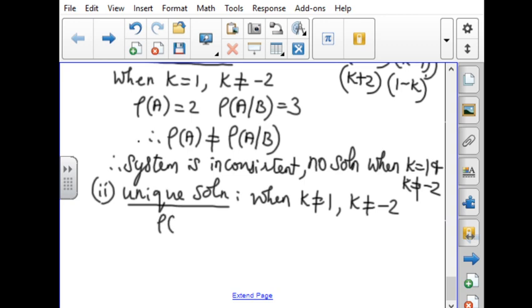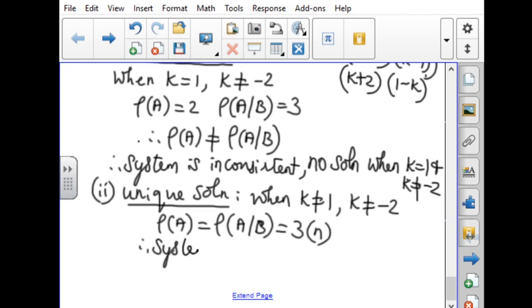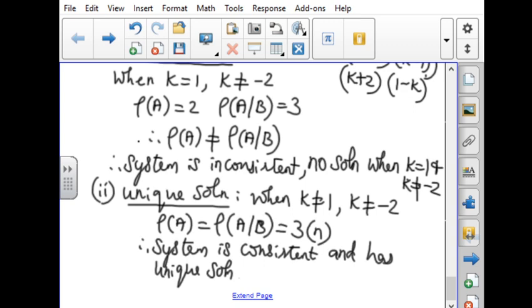So we can write rank of A is equal to rank of A bar B is equal to 3, that is the number of unknowns. Therefore, the system is consistent and has a unique solution when k is not equal to 1 and k is not equal to minus 2.